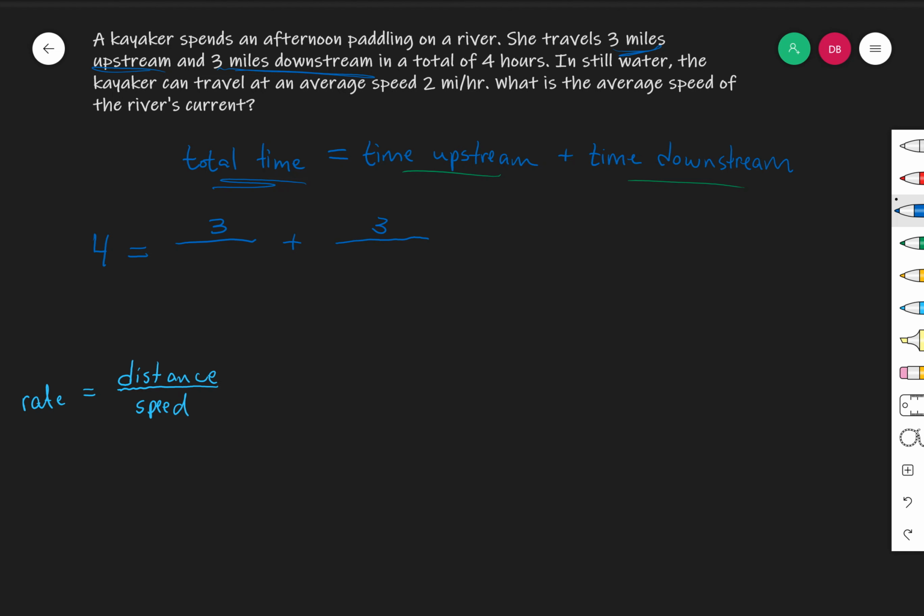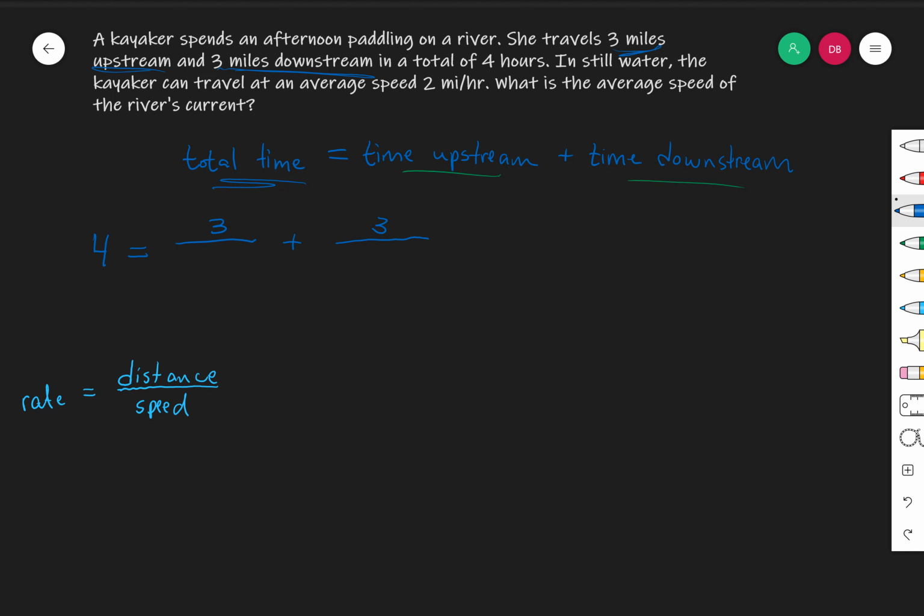So the speed of the current is affecting her speed. She's almost definitely going faster downstream, right? Because the current's helping her. So this says she went upstream first. So the current was going against her at first. She's trying to move upstream and the current is going against her, so it's slowing her down.